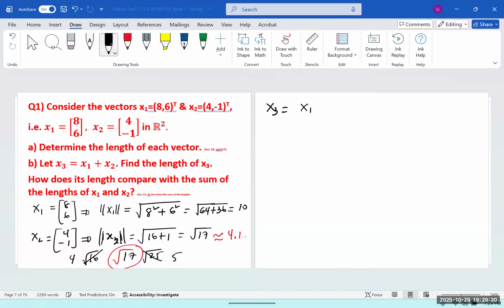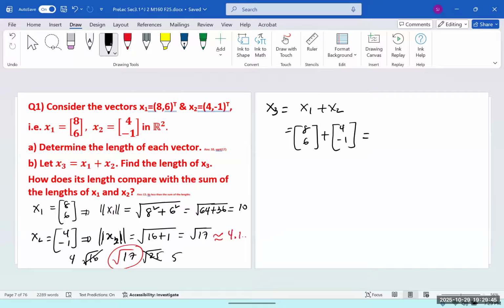So X3 is X1 plus X2, which is (8, 6) column-wise plus (4, -1) column-wise. So what is our X3? First you have to find the sum.